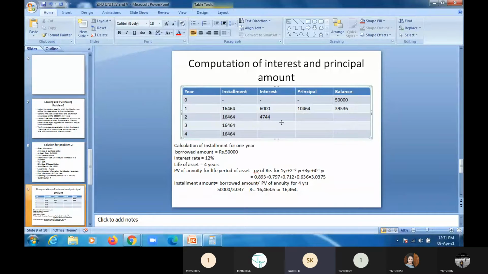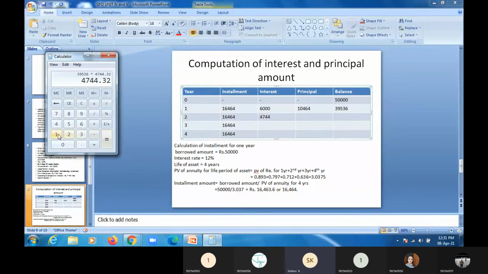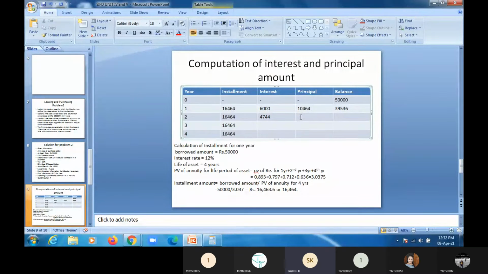4,744 is the interest. Now deduct this 4,744 from 16,464. You will get the principal amount, 11,720.